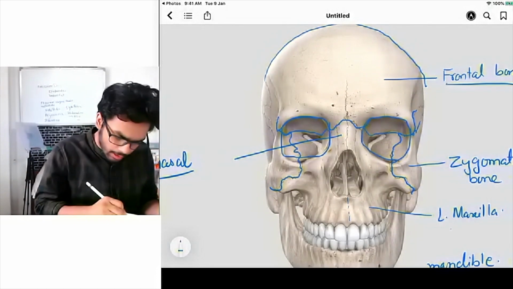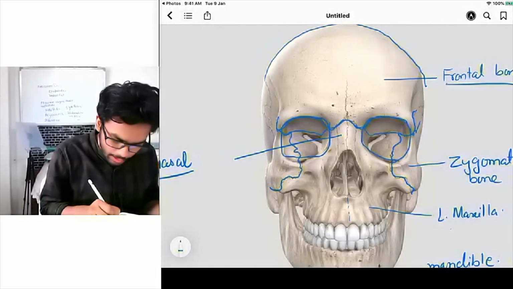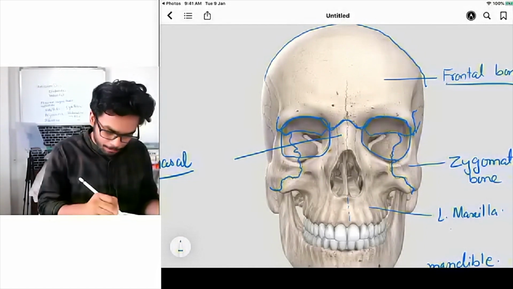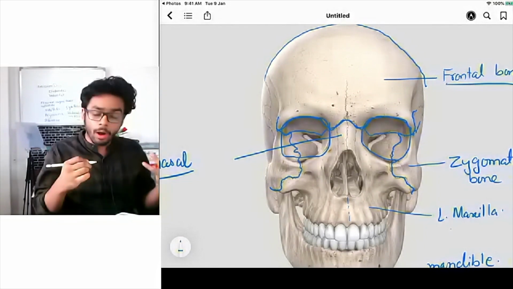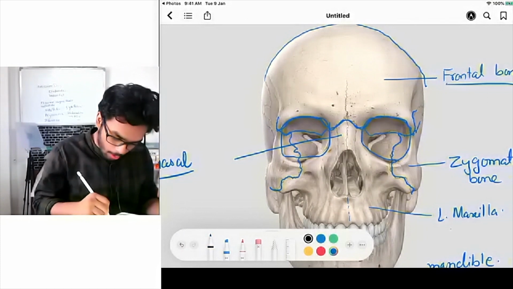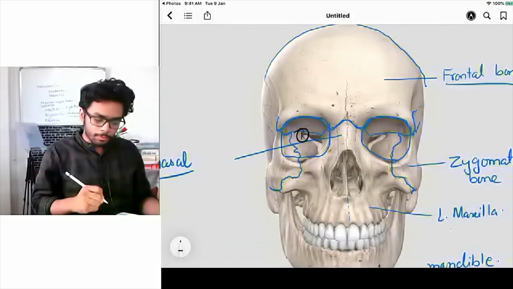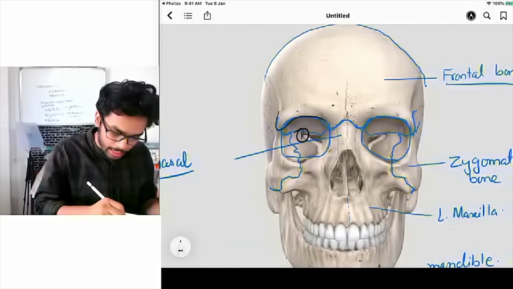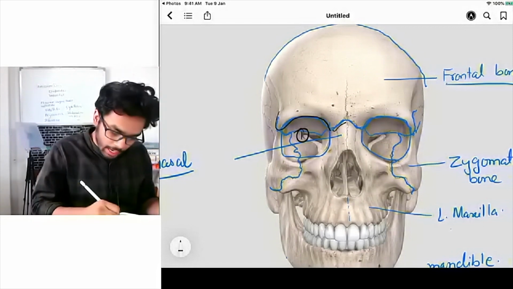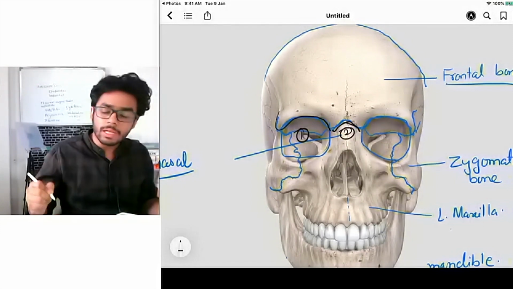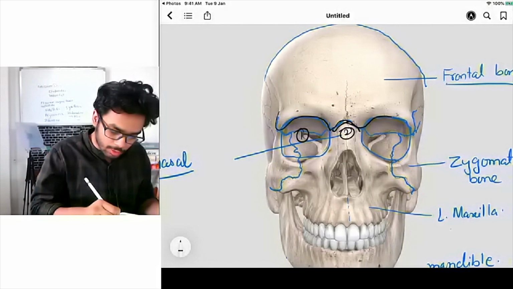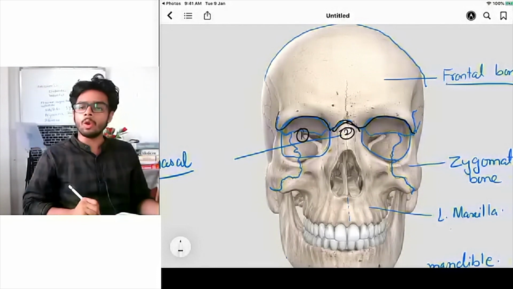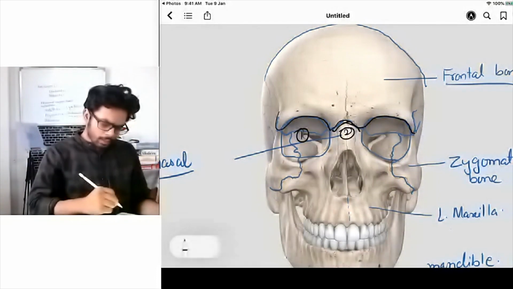On the lower side there are interruptions which cause the irregularity. What are those interruptions? First is the orbit. This orbital opening causes an interruption. Second is the nasal part, which also causes irregularity. That's why there is irregularity on the lower side of the frontal bone.